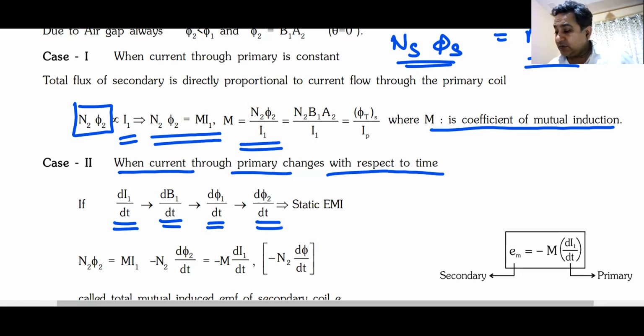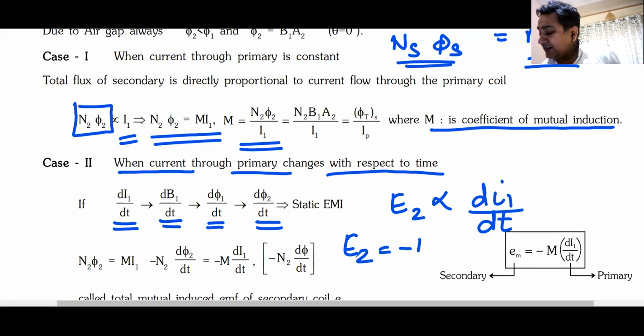Now, this rate of change of flux in the secondary is proportional to the rate of change of current in the primary, or the EMF induced in the secondary is proportional to the rate of change of current in the primary, or I can write EMF induced in the secondary will be minus M into dI1 by dt.